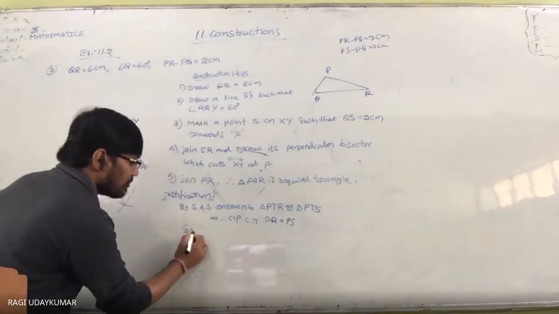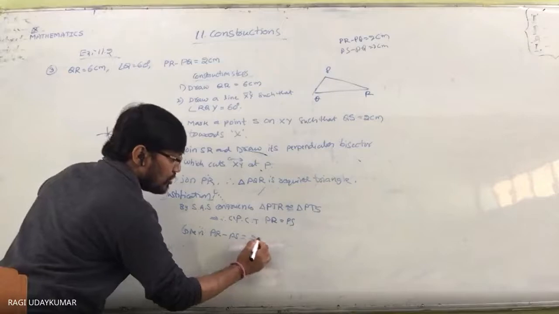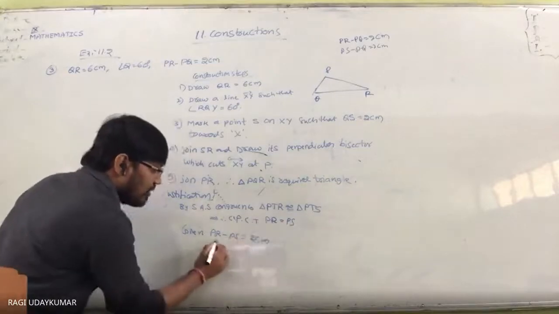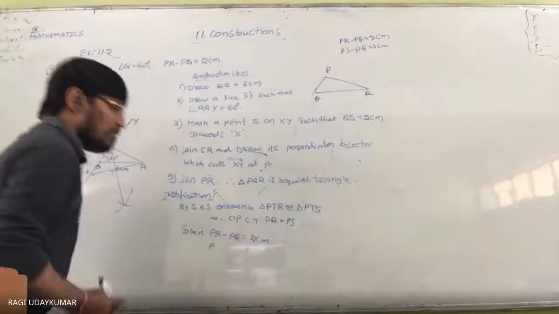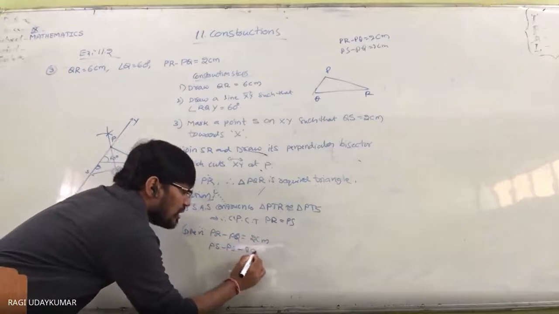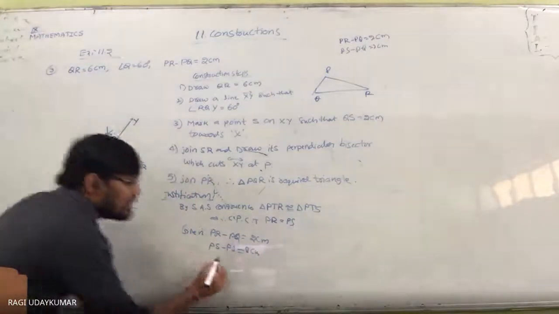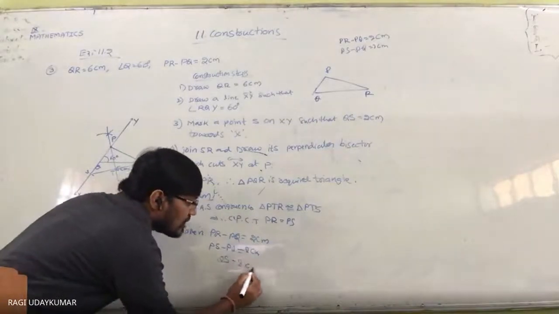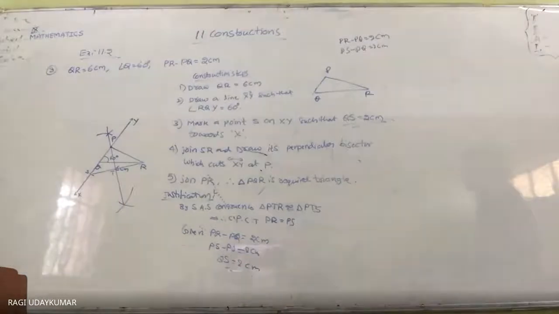So given PR minus PQ is equal to 2 centimeters. In place of PR write PS. PS minus PQ is equal to 2 centimeters. So PS minus PQ is equal to QS. Why have we taken QS equal to 2 centimeters?